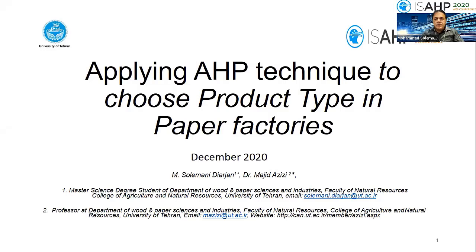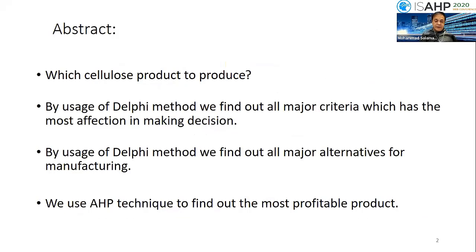This is applying the ISAHP technique to choose product type in paper factories. Ladies and gentlemen, it's an important concern of any manufacturer or investor at the beginning of a paper production line project to choose the proper cellulose product for manufacturing.